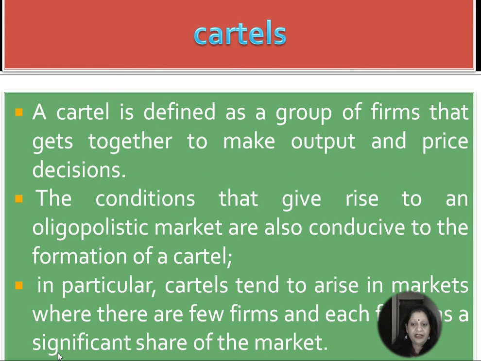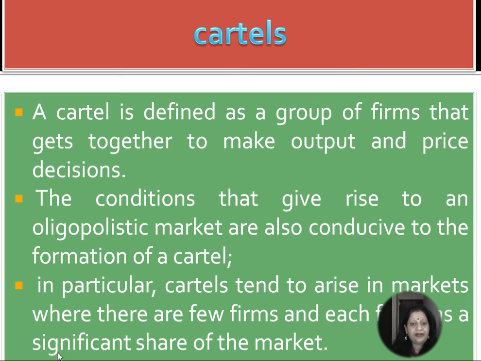Now, the second topic that we are going to discuss in this session is cartels. A cartel is defined as a group of firms that gets together to make output and price decisions. So a cartel is a kind of group formed by different firms, which come together to earn profit and to decide their output.